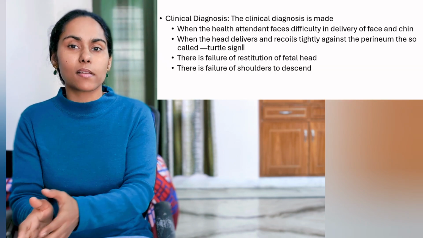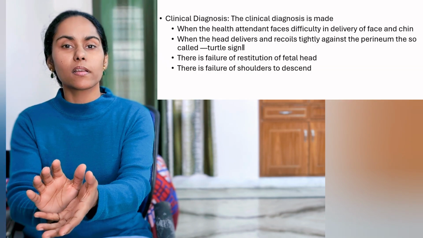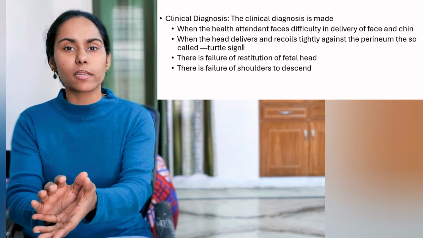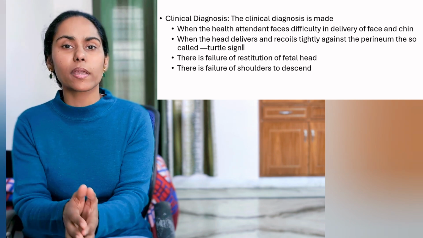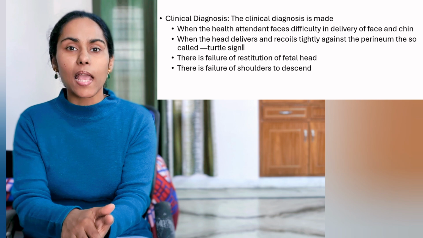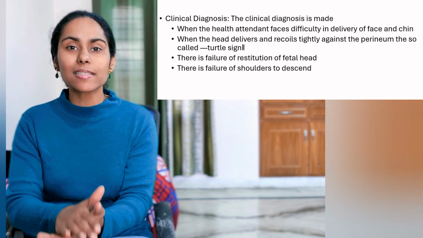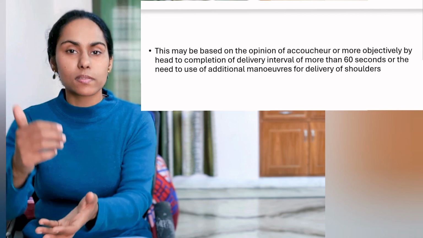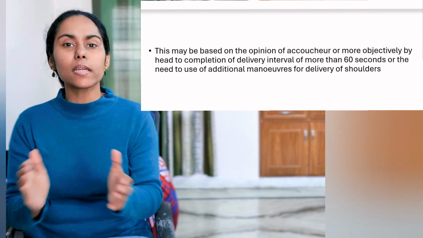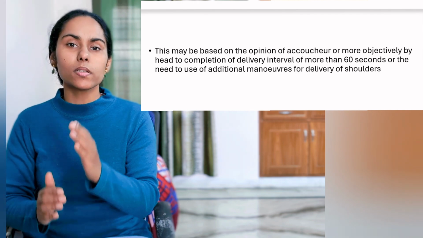So if the head has been delivered and recoils back onto the perineum, you are unable to make out restitution, and there has been a 60-second elapse from the delivery of the head to the descent of the shoulders, we classify it as shoulder dystocia.